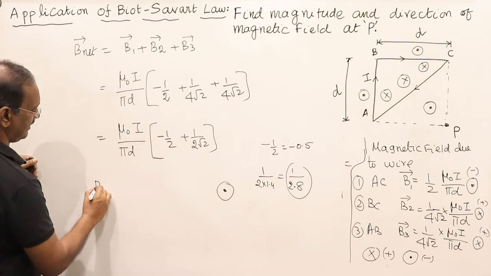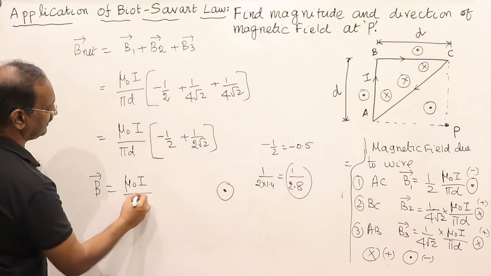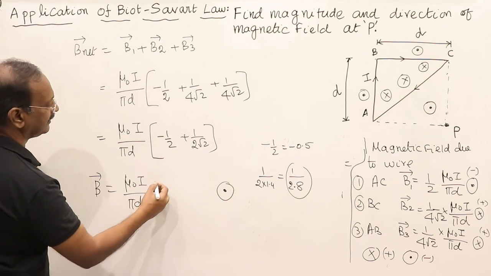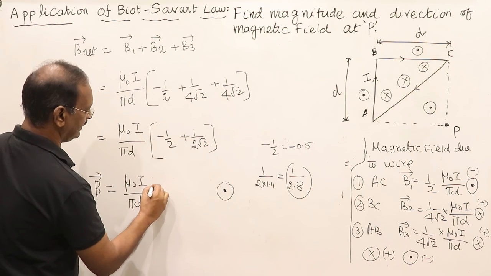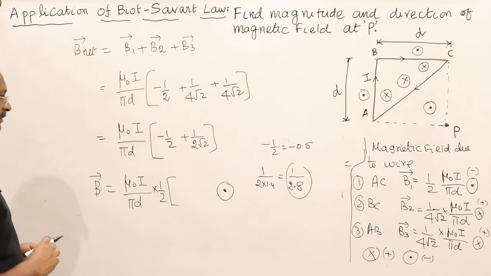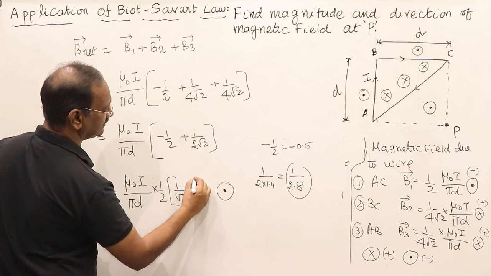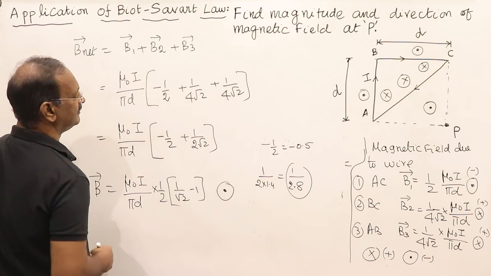So the net magnetic field is equal to mu naught I divided by pi d into, we can take 1 by 2 outside, 1 by root 2 minus 1.